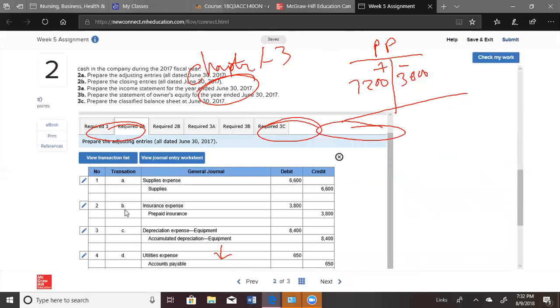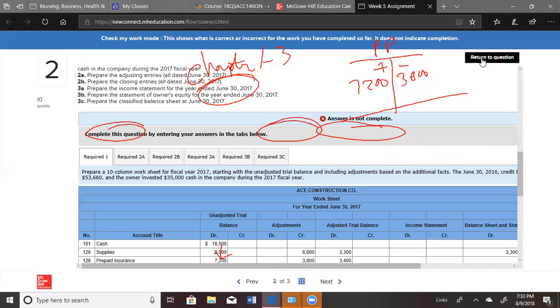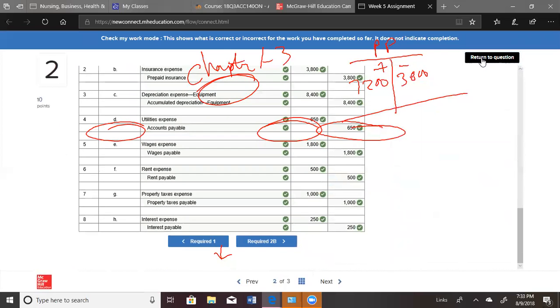Okay, so I'm going to do these tonight. So the journal entries, see, these equal out on the journal entries. Did you check your work on your journal entries to make sure they were all right? Yeah, I believe they are. Yep, good job.